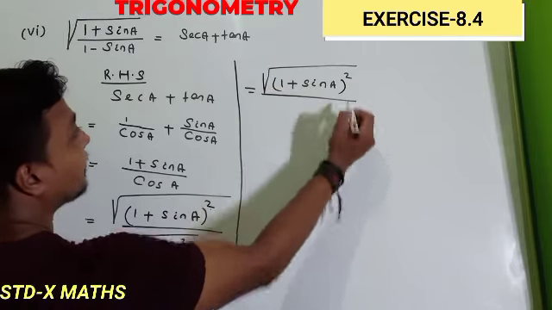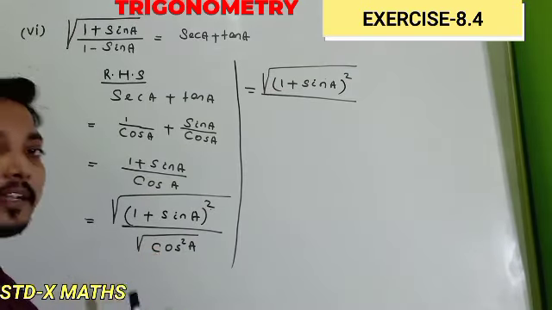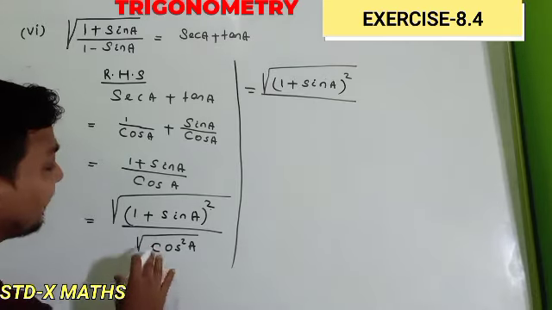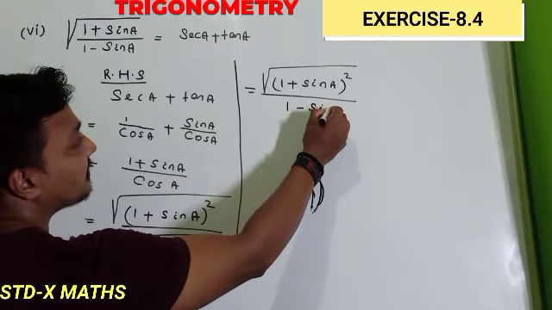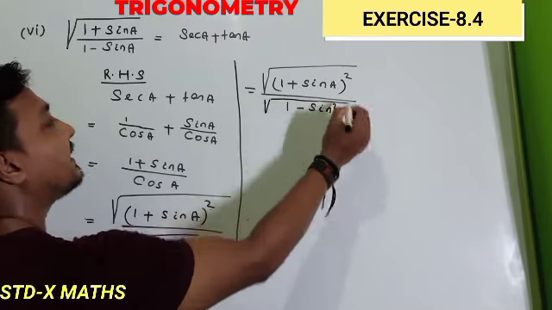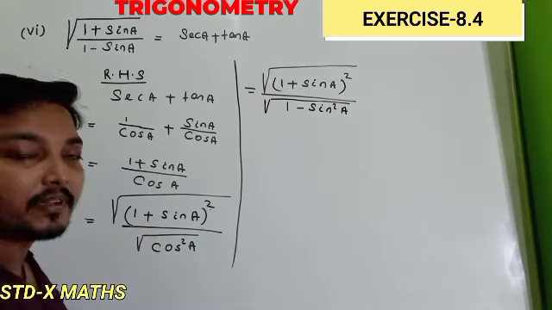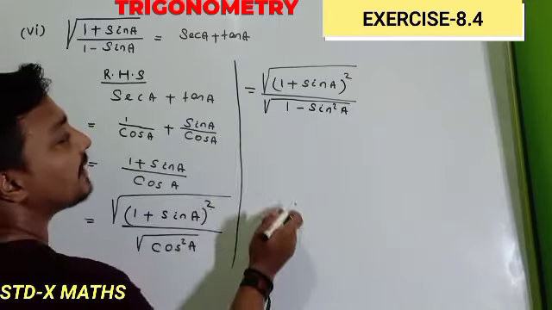Below, I was planning to convert the denominator into the form of 1 and sin. Cos square A means 1 minus sin square A. As per the trigonometric identity, sin square A plus cos square A is 1, so cos square A is 1 minus sin square A.